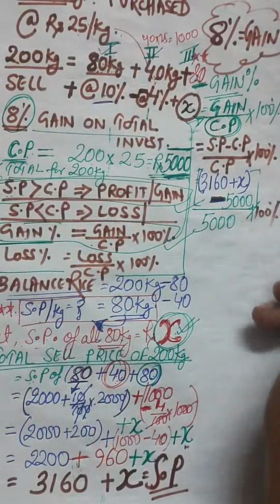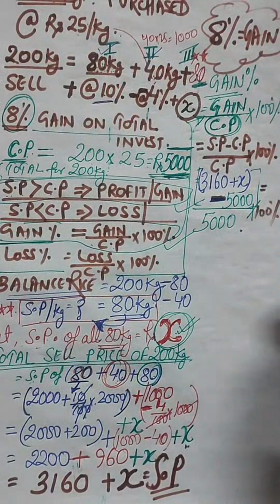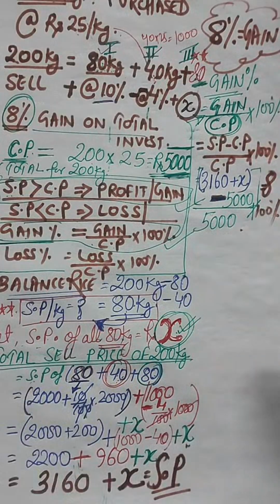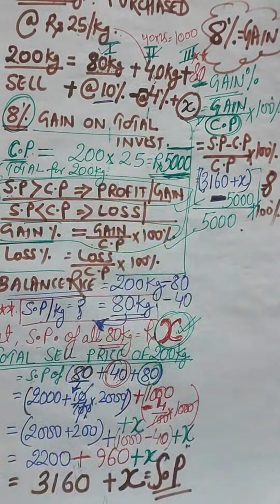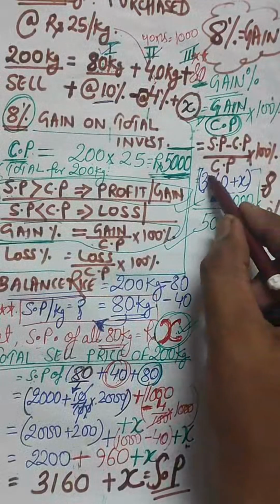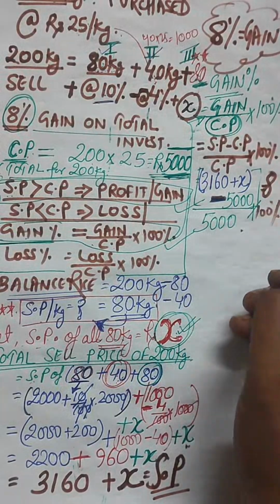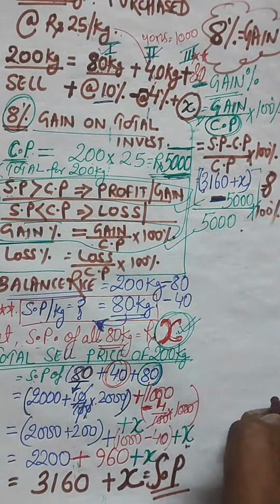So this percent is the gain percent, which is equal to 8, isn't it? Because the gain percent is given to you, 8% gain on the total transaction, total investment. So 3160 plus X minus 5000 by 5000 into 100% will be equal to 8.